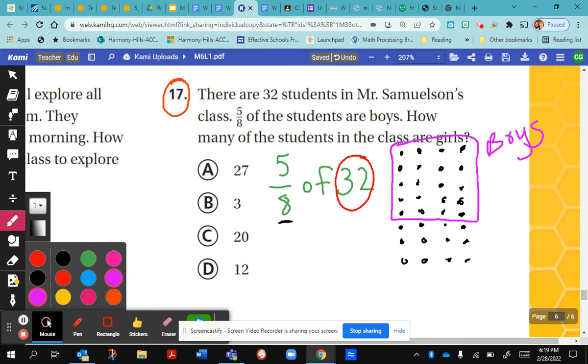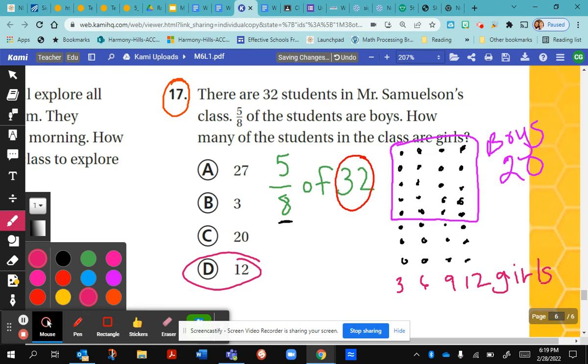So it's 5, 10, 15, 20 of them are boys. What's remaining? Yeah, absolutely. It's going to be girls. How many do I have? 3, 6, 9, 12. So it's going to be 12 girls that are here.